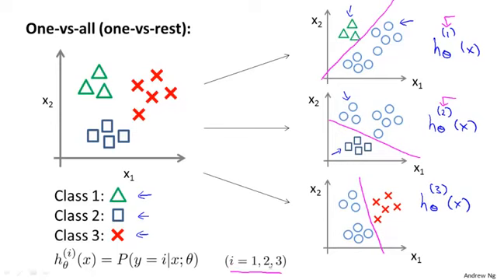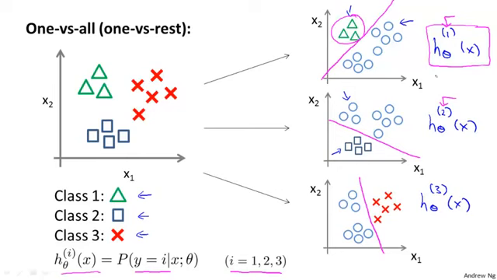So for i equals 1, 2, 3, we've fit a classifier h superscript i subscript theta of x that's trying to estimate what is the probability that y is equal to class i given x and parameterized by theta, right? So in the first instance, this classifier was learning to recognize the triangles. So it's thinking of the triangles as a positive class.